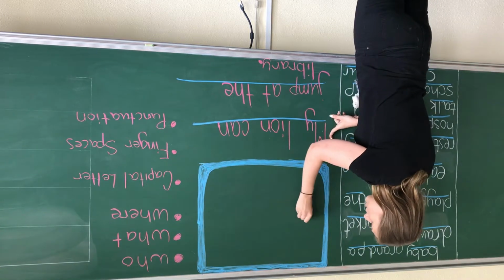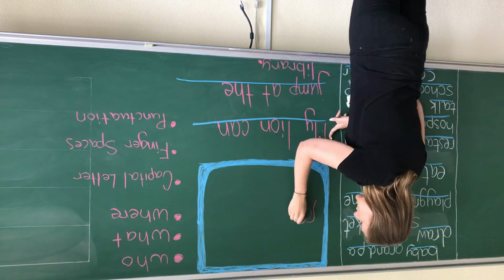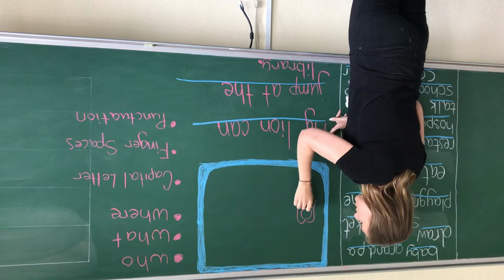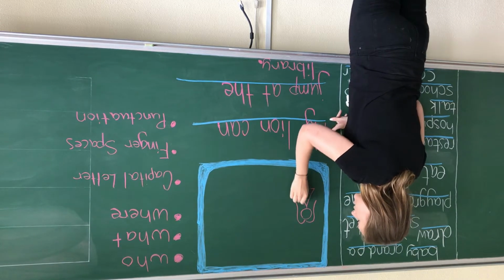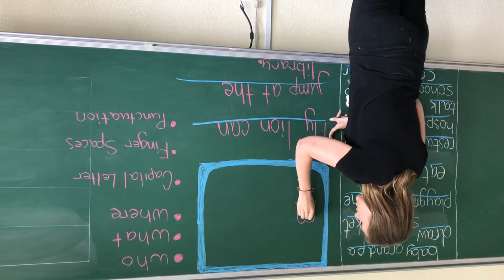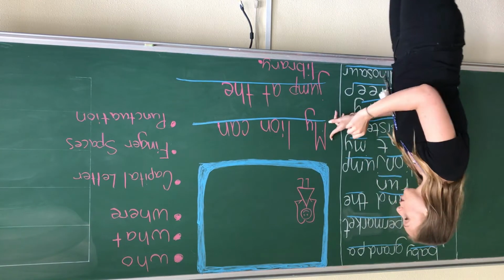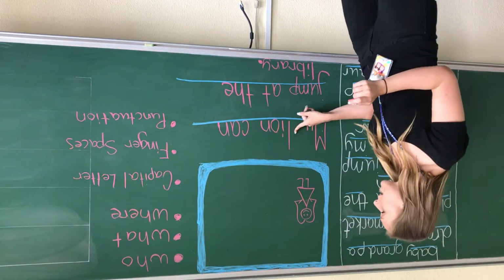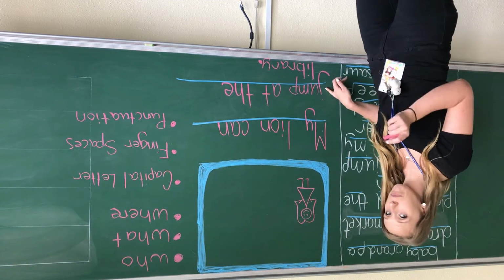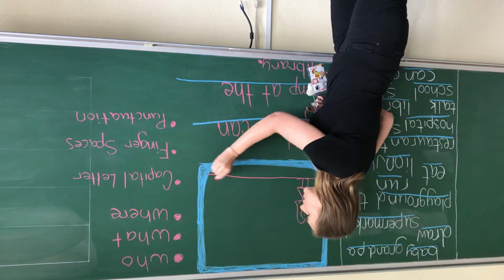So my, don't laugh at my drawing. There I am. My lion. And my lion is jumping, right? Lion can jump. So I have to make it look like he's jumping. So I'm going to draw the floor.